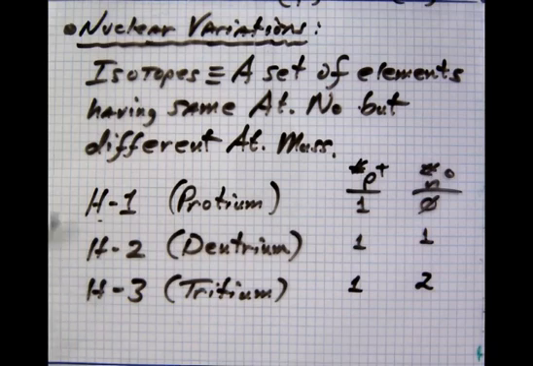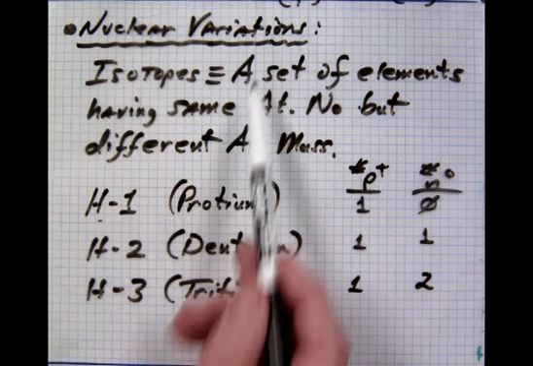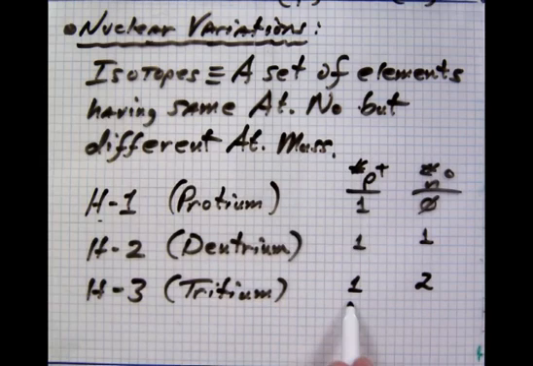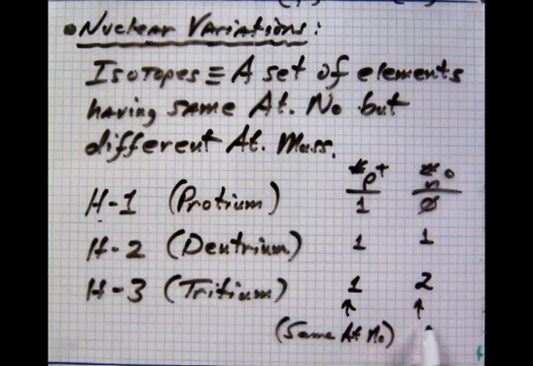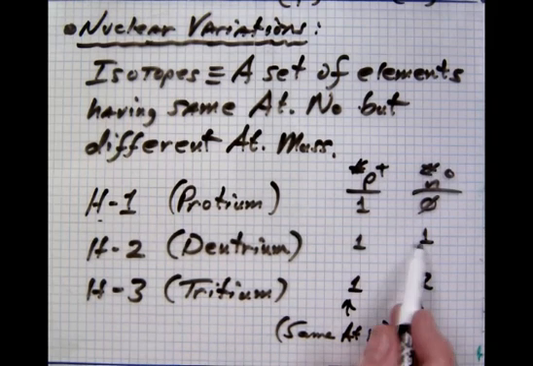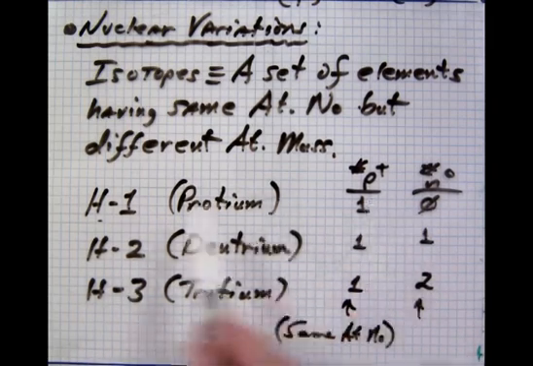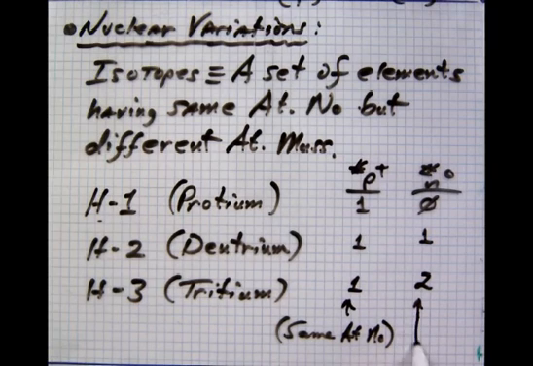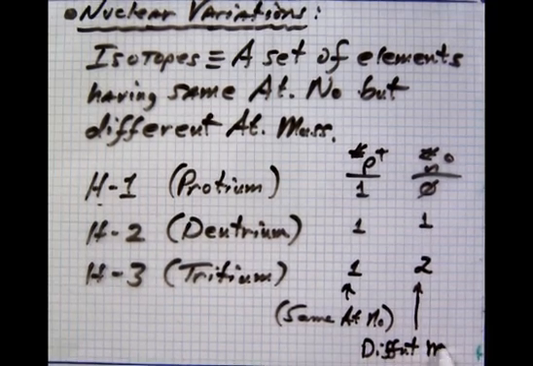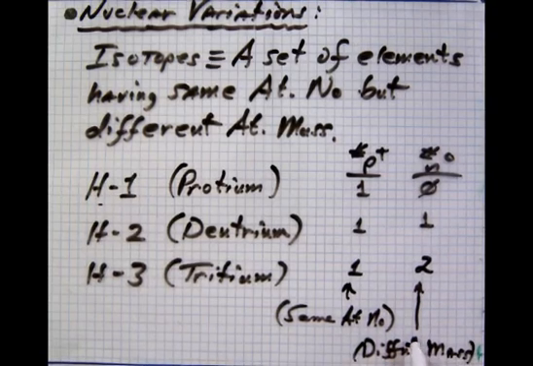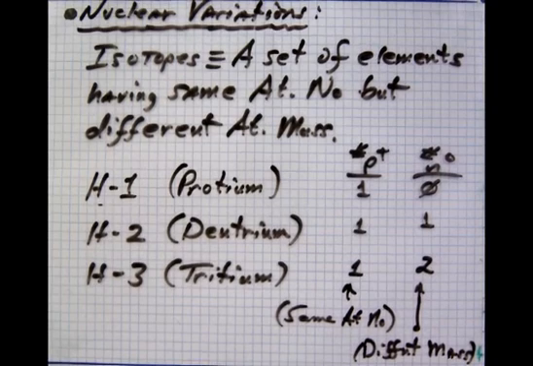So when we compare this set of isotopes with the definition that I gave you up here, we see it is a set of elements having the same atomic number, but different masses, because if you add the protons and neutrons, you get the mass number over here. 1 and 1, 2 in mass number, and 0 and 1, 1 mass number. So essentially, different mass. Right there. Okay.